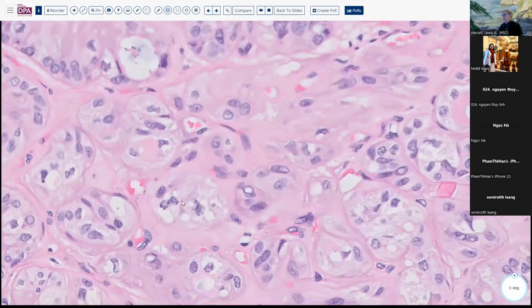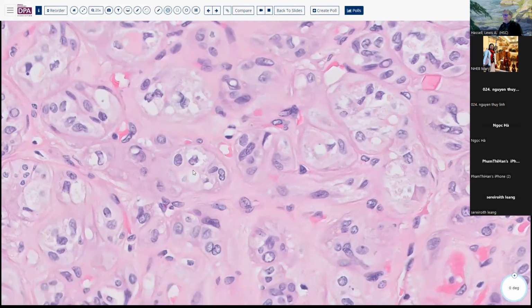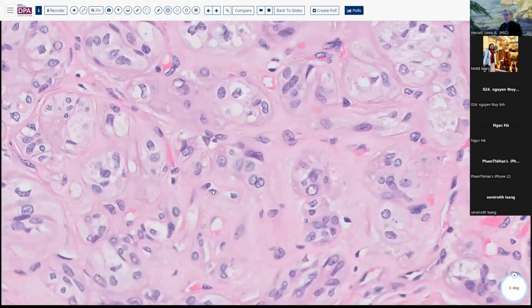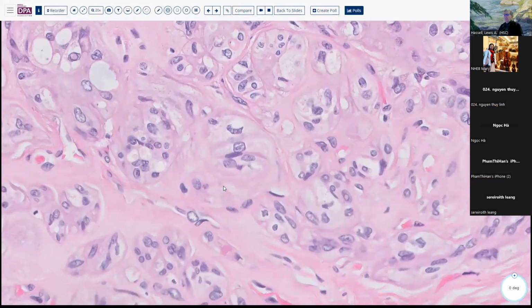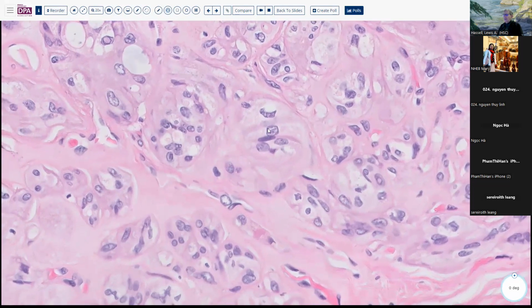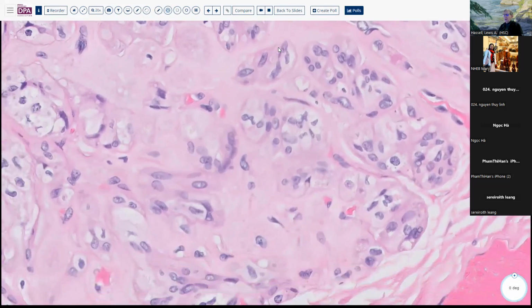But if we look around a little further, I think you'll see a few more of these pale yellowish, slightly golden bodies. These are so-called yellow bodies that are characteristic of the hyalinizing trabecular tumor, which, as you can see, is in this differential for the lesions that I've mentioned: papillary thyroid tumor, medullary carcinoma, paraganglioma, and so forth.